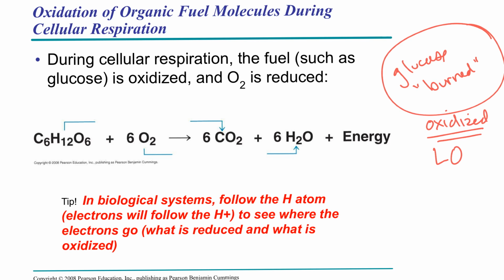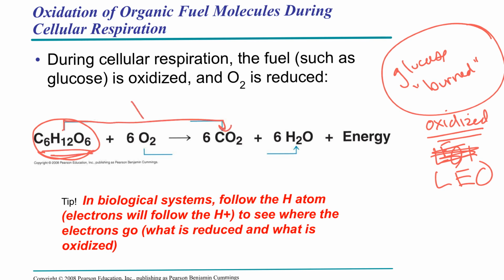Loss of electrons. Leo. Loss of electrons is oxidation. So what is going to happen to my glucose? It's going to lose electrons. And so my glucose is going to become oxidized. It's going to lose electrons and become carbon dioxide.